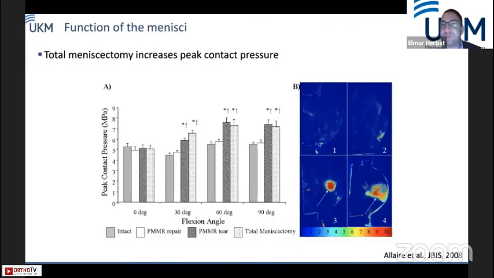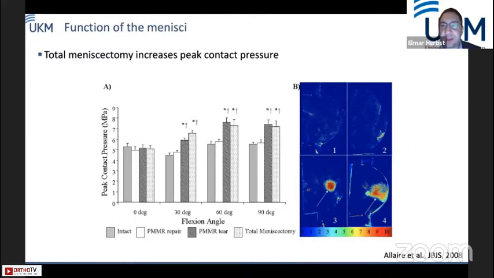So what happens if we have to remove one of the menisci? This is a graph showing on the very right-hand side what happens if we actually remove the meniscus. If we have, for example, a meniscal root tear, which we commonly see in osteoarthritic knees, it equals a complete meniscectomy.